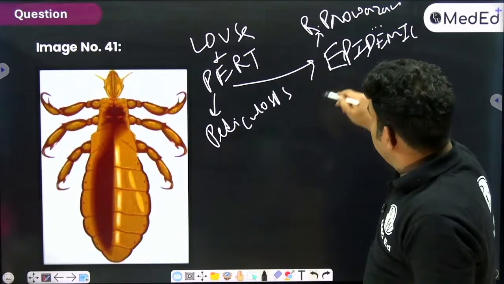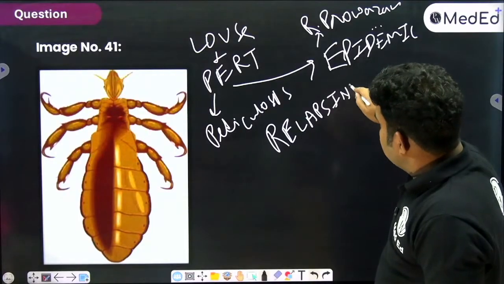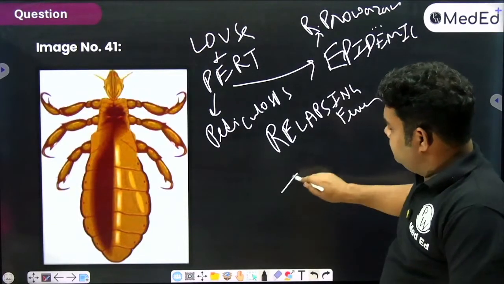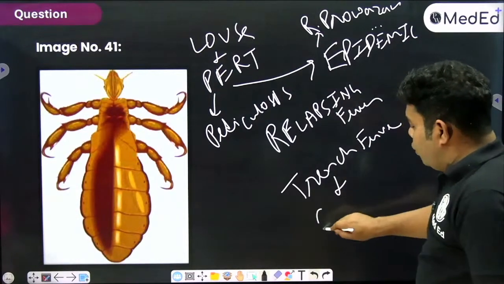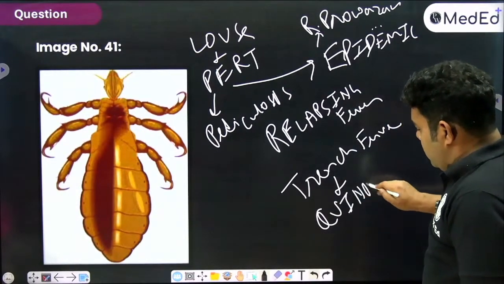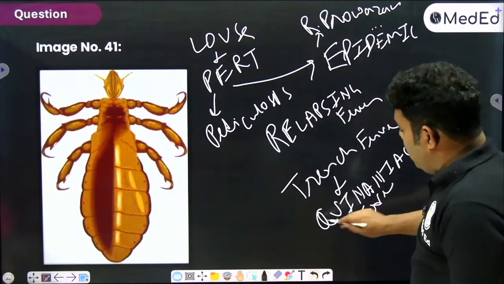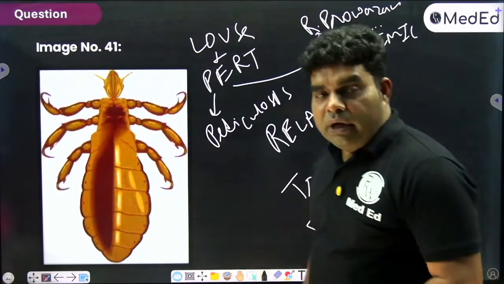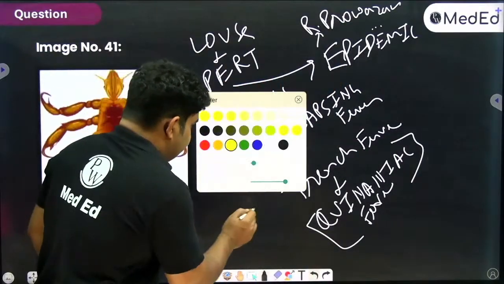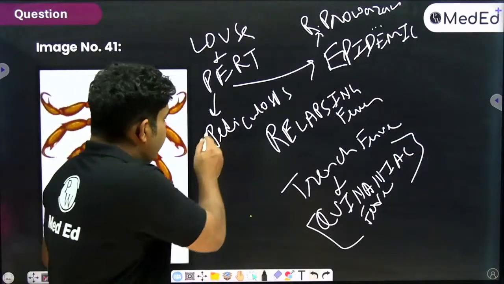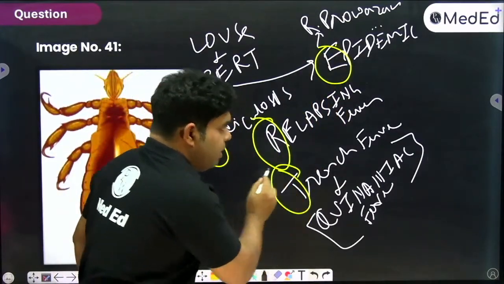Then E is for epidemic typhus, R is for relapsing fever, and T is for trench fever. And trench fever is also known as Quintana fever, because the causative organism of trench fever is Bartonella quintana. So it is Quintana fever there. Now, what is this louse mnemonic? Very simple. Pediculosis, epidemic typhus, relapsing fever, trench fever, POT.